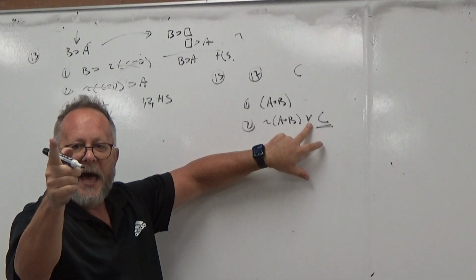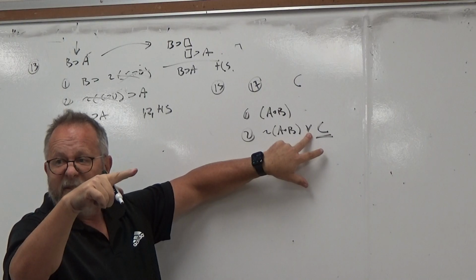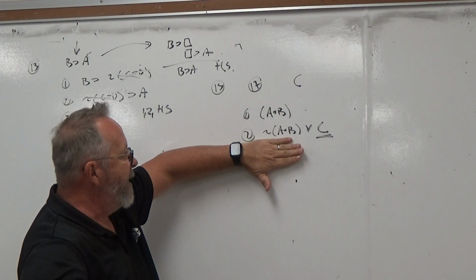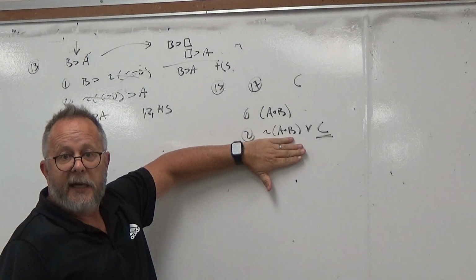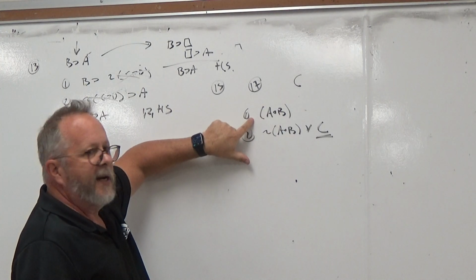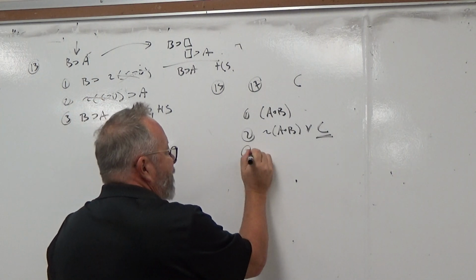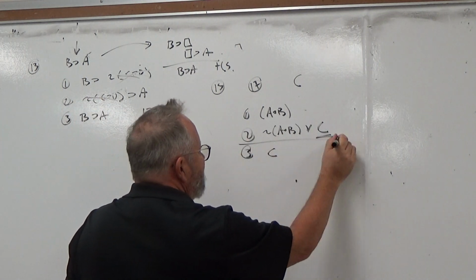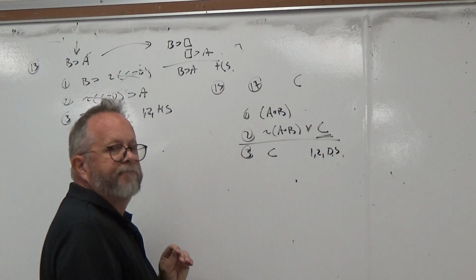And if we want the that, we have to find a not this. Does everybody understand that? We need to find the opposite of not A and B, which would be what? A and B. And guess what's right there? A and B. So we have everything we need. We can just say C from 1 and 2, and this is disjunctive syllogism.